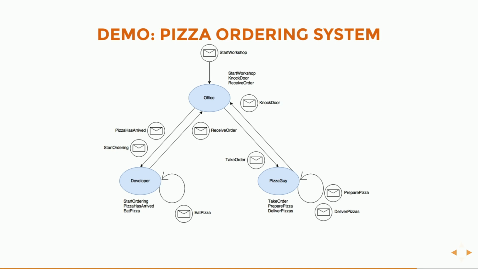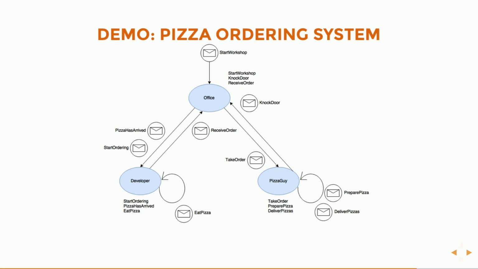And it's then up to the office to be a good parent and to delegate all the messages to the developer and the pizza guy, for having the developer being able to make his order and to pass on a list of pizzas that the developer wants to order.